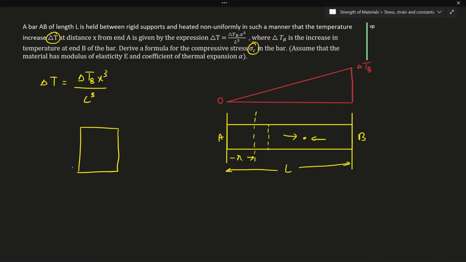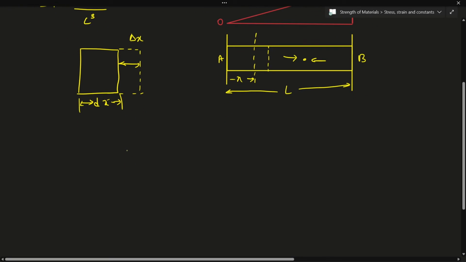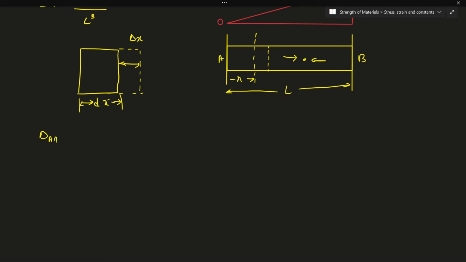If the length of this element is dx, now this would expand by, let's say, delta x because of the rise in temperature. With this knowledge, let us start solving the problem, right? So first of all, delta AB will be equal to 0, that we have at the one end, and I'll only take up delta x now.